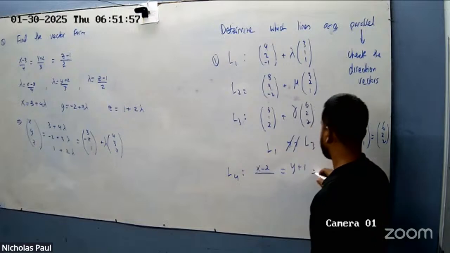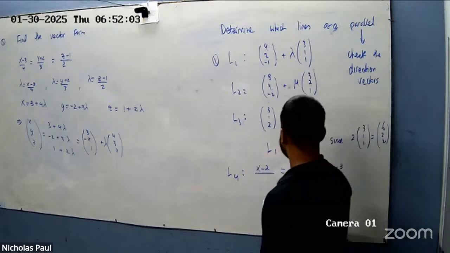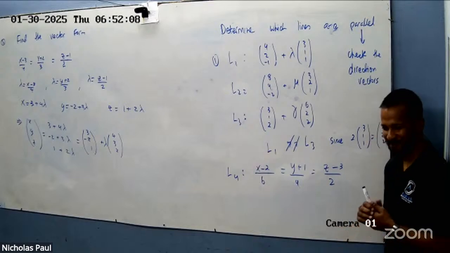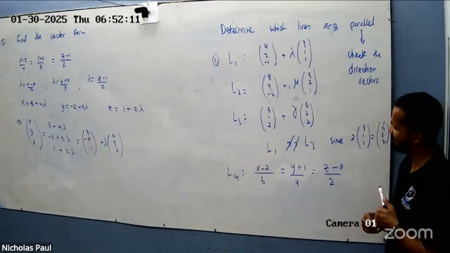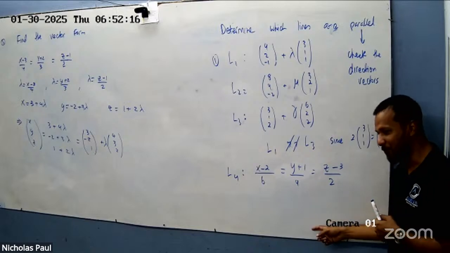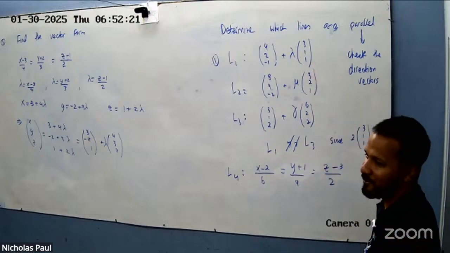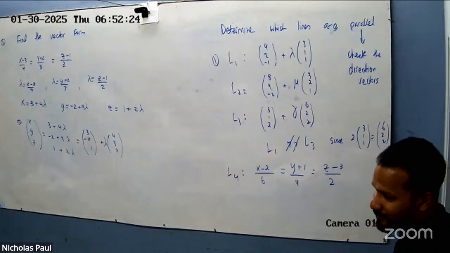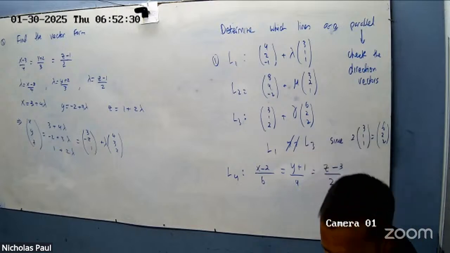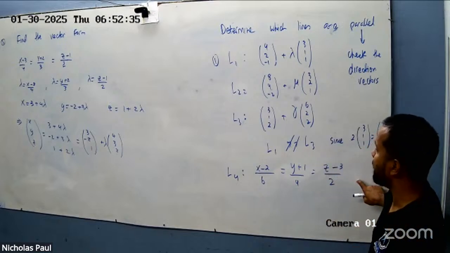So two and four? Alright, ideally you put it in the vector form and then tell me which one it is parallel to.